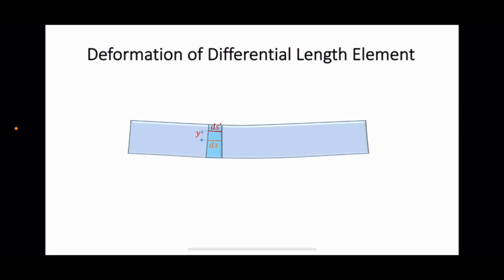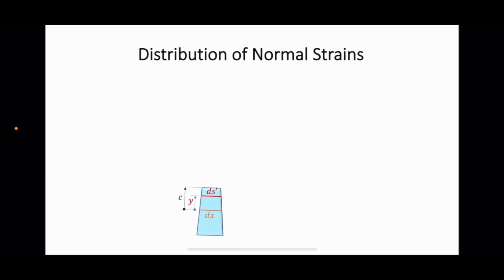Let us zoom in a little bit so that we can see better. Let us plot and define some geometries of deformation. Put the undeformed shape next to it for convenience in our analysis. Now here is the equation to find the normal strain for line segment ds.